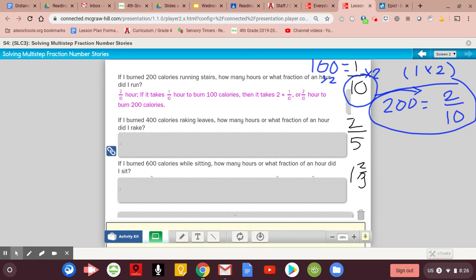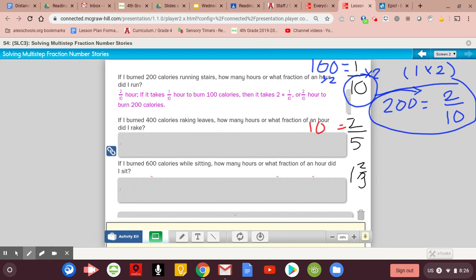All right, we're going to move on to problem 2. I am going to switch my color here so it's easy for you to follow along. It says, if I burn 400 calories raking the leaves, how many hours or what fraction of an hour did I rake? So I looked back at the last slide, and it takes 2/5 of 1 hour to burn 100.